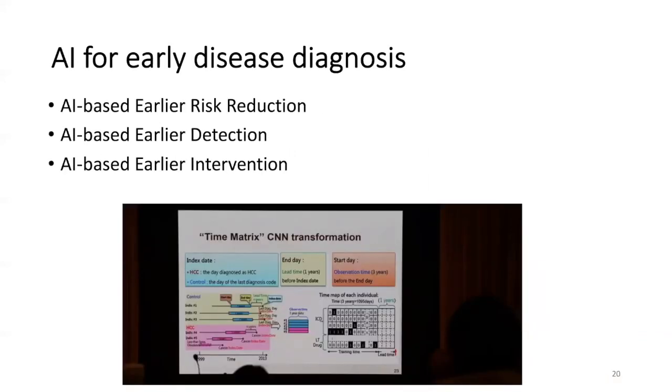And this is another system, I think developed by Professor Jack Lee's group. Basically the idea is that currently we have a large database, the National Health Insurance Database. For example, hepatocarcinoma is a malignant tumor of the liver.